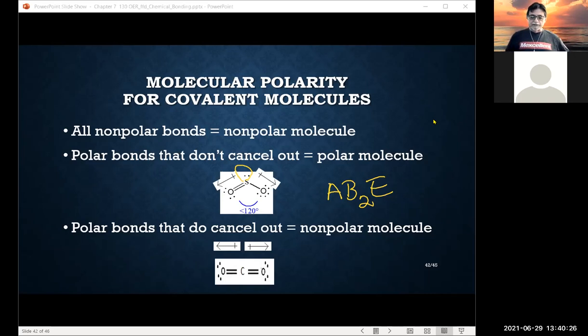You would think it to be 120, but anyway, you see that there are lone pairs, and that bond angle puts the sulfur oxygen bonds in a position where they don't cancel each other out like in carbon dioxide. In carbon dioxide, those arrows cancel out because they're going in opposite directions.